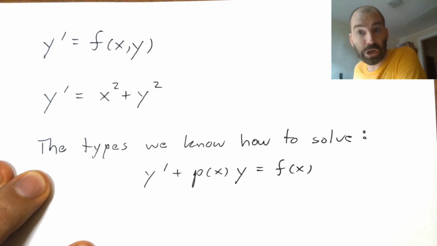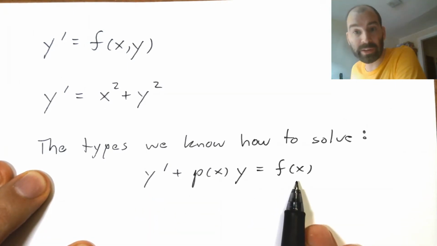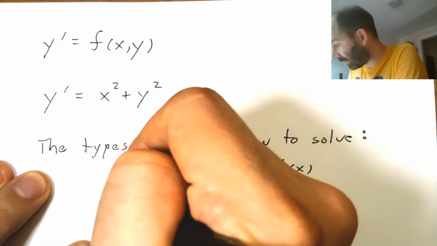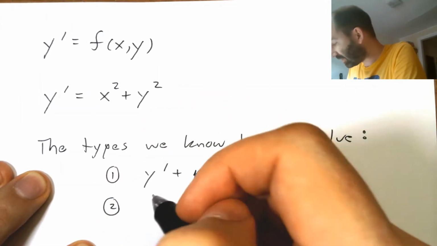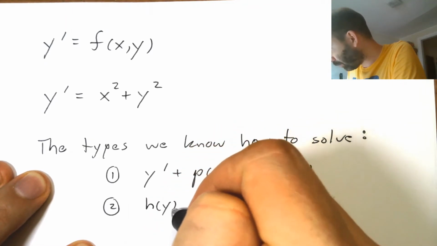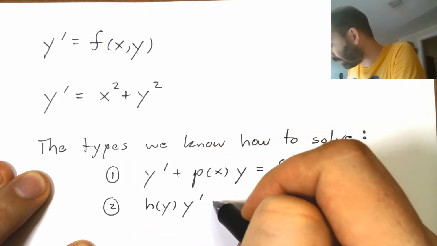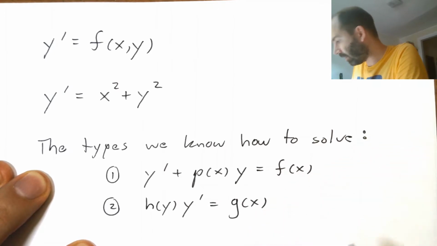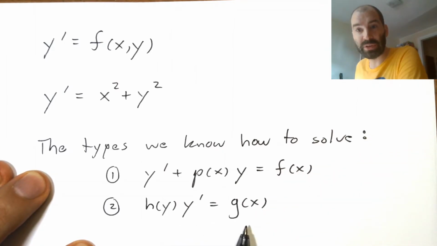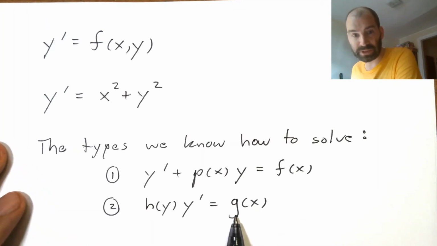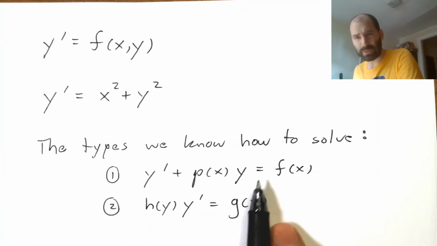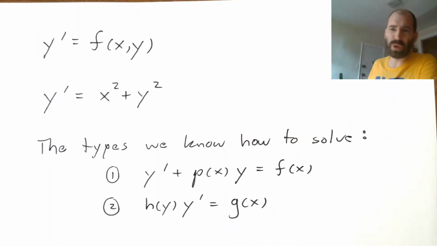Linear differential equations that look like this. So we know how to solve that kind. And we know how to solve this kind, the kind that we can put into this form. This is what we talked about in the last video, a separable differential equation. So linear differential equations and separable differential equations. If they can be put into this form, we know how to solve them.